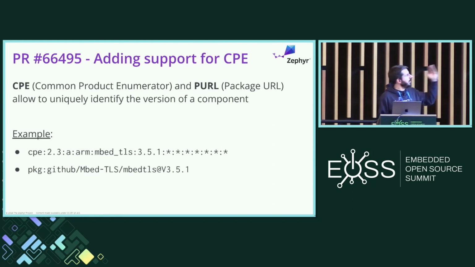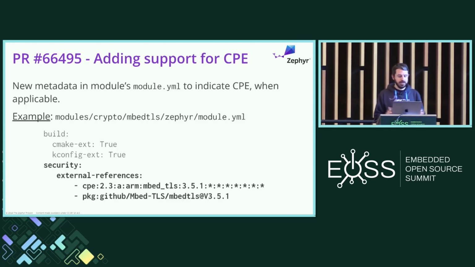And this PR, which I was hoping would have been merged before this talk, but I'm pretty sure it will be merged imminently, proposes to add support in Zephyr to augment the metadata of Zephyr modules with the kind of information that I was just talking about.